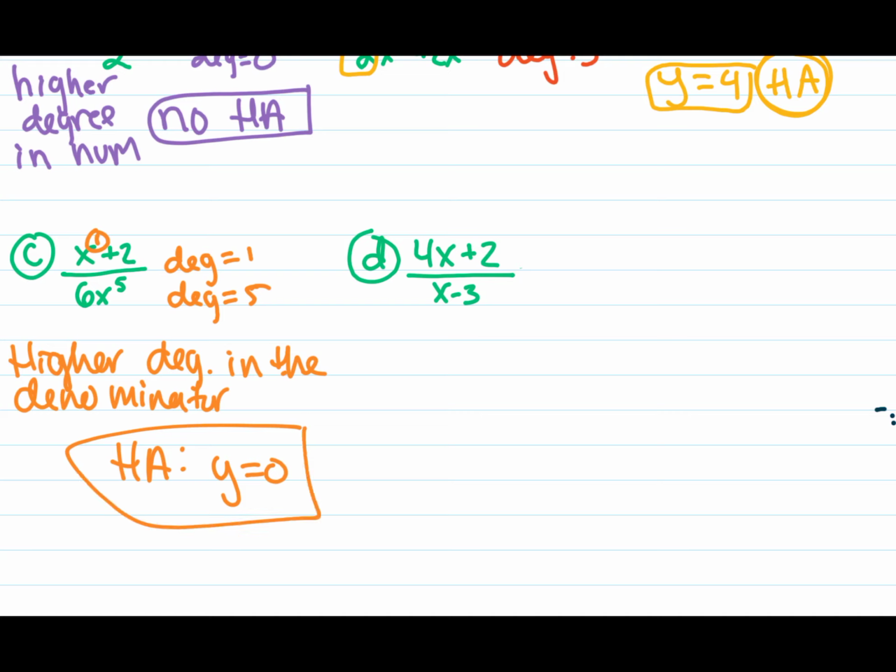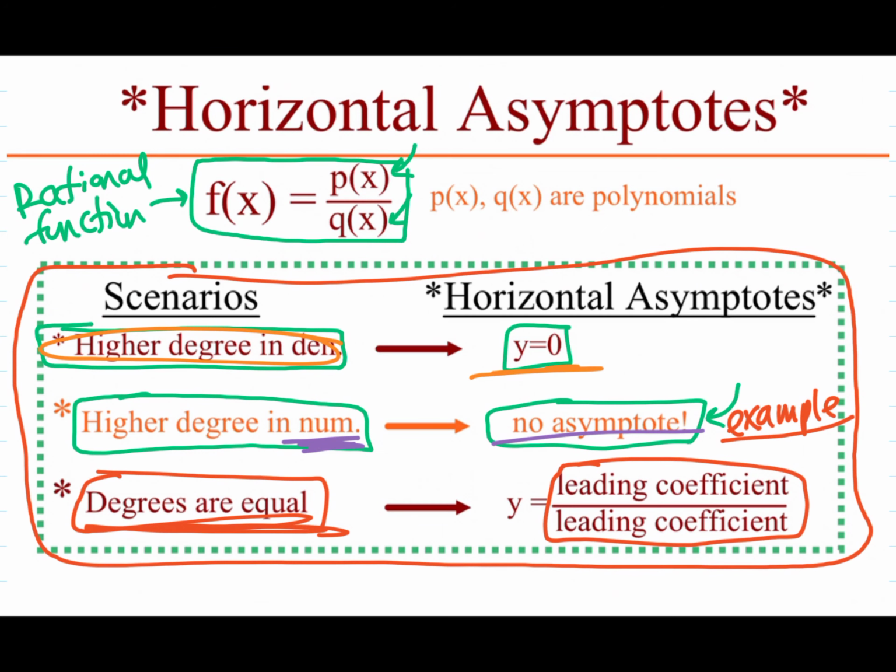All right, last one. D, we've got a degree here of 1 and a degree here of 1. All right, so our degrees are the same. They are equal. So let's go see what that relationship was. Degrees are equal, so we're going to divide our leading coefficients.